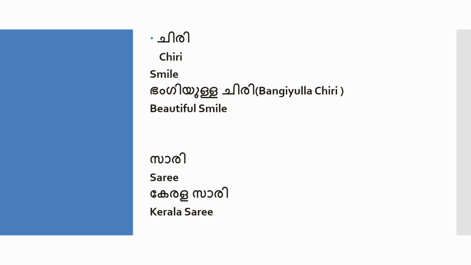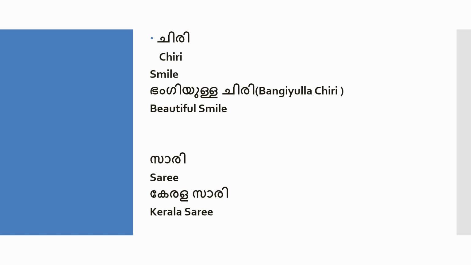Next is sari. Most of you know what sari is. It is the traditional wear of India. And we have a Kerala sari, which is the word I have used here. If you search on Google, or if you have been in Kerala, you might know about it.